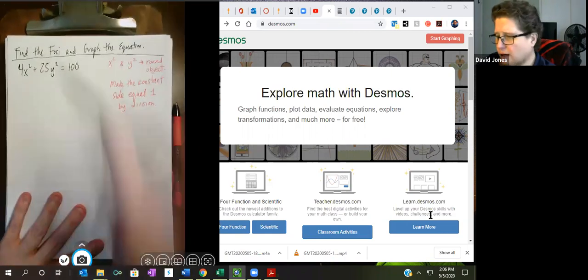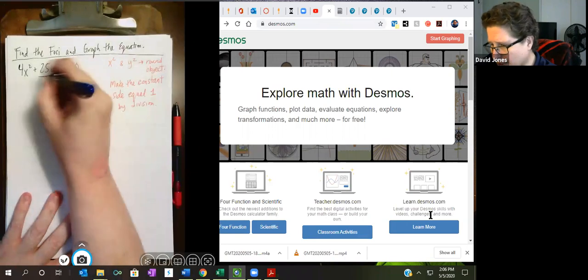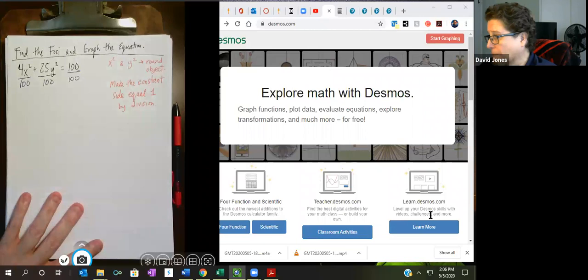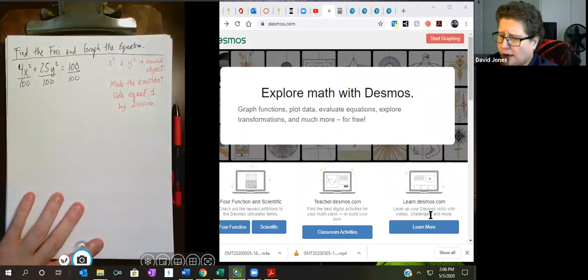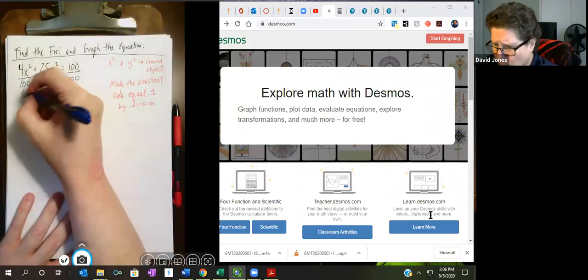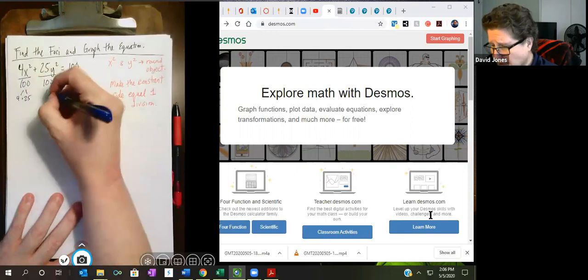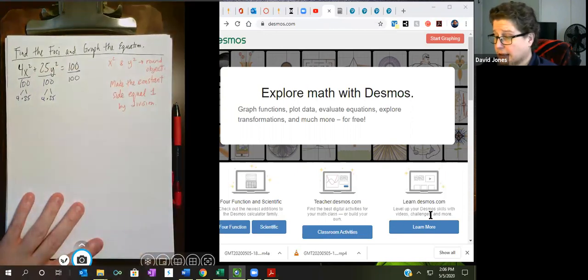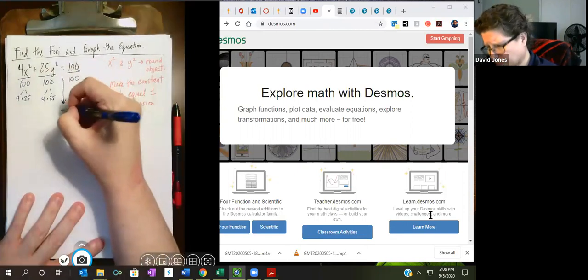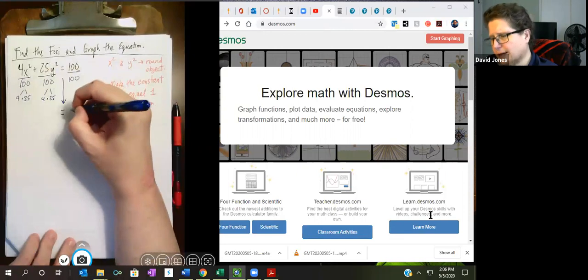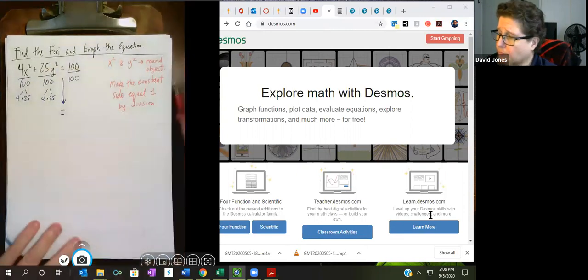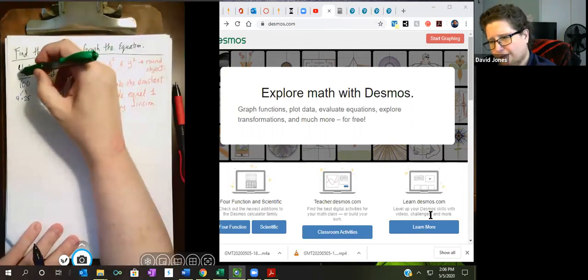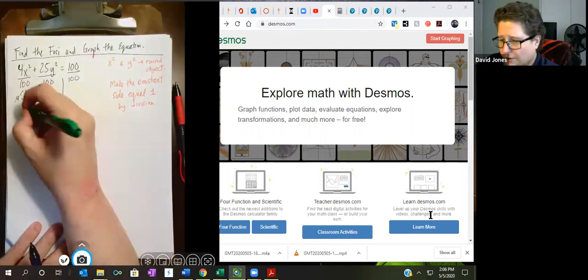So what I'm going to do here is divide everything by 100 because that's what's on the right. 100 factors. 100 is 4 times 25. And that's going to let me cancel out some stuff on both sides. Bring down my equal sign. 100 divided by 100 is 1. I can cancel my 4's out now, and I get x squared over 25.